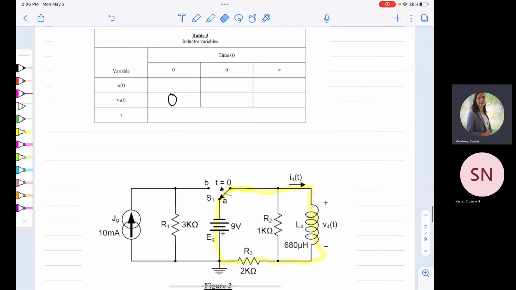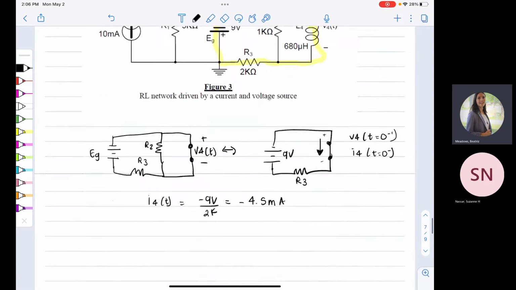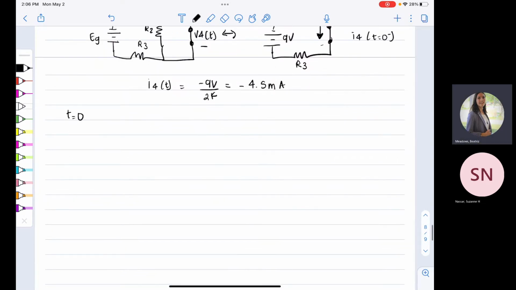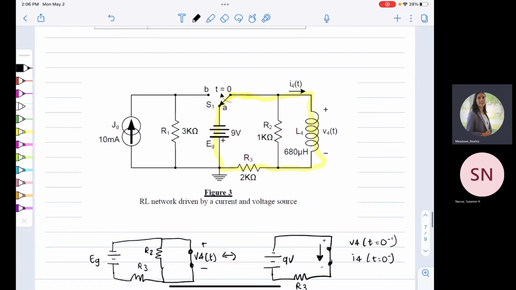This problem is easier than Suzanne's problem, but that's why there are a lot more parts to it. So now that we've done this, we can do our network at t equal to 0. At t equal to 0, we move the switch, right?